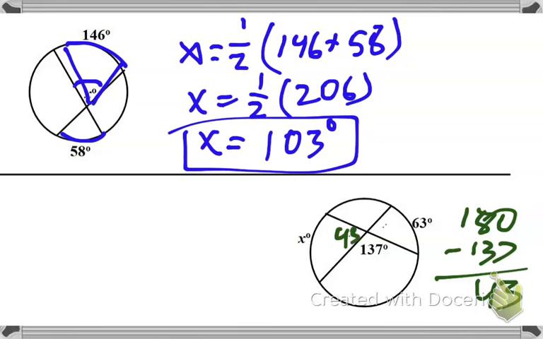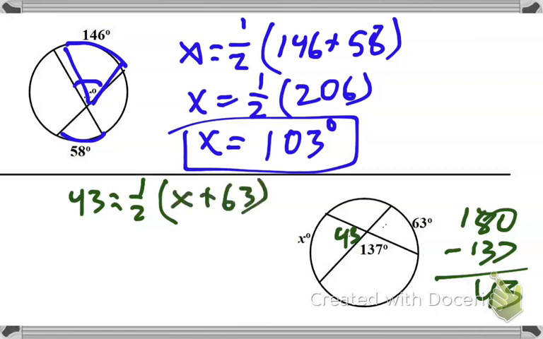All right, so this is a 43-degree angle. So now, let's see here. The angle, 43, is equal to 1/2 of the arcs added up. So that'd be x plus 63. Okay, so we could distribute the 1/2 in there, but I'd rather not deal with that fraction. So I'm going to multiply both sides by 2, and that way I don't have to deal with the fractions.